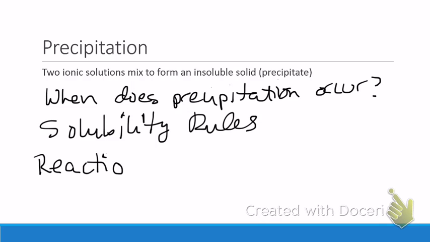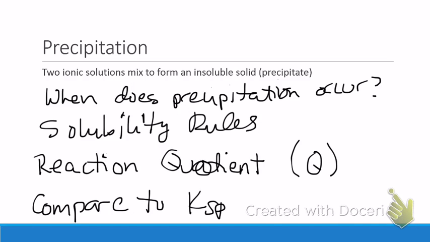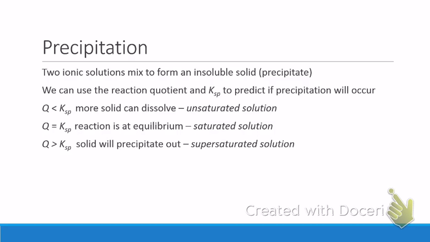So even if we have two things we know are going to form a solid, say we've added some silver and some chloride ions, we still have to look at our reaction quotient, or Q, and we're going to compare that reaction quotient to our value of KSP.